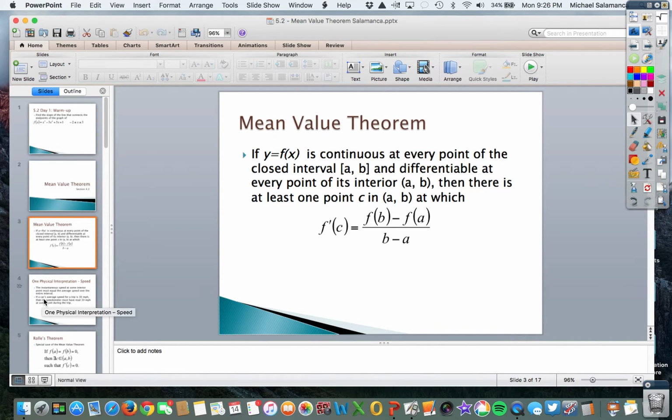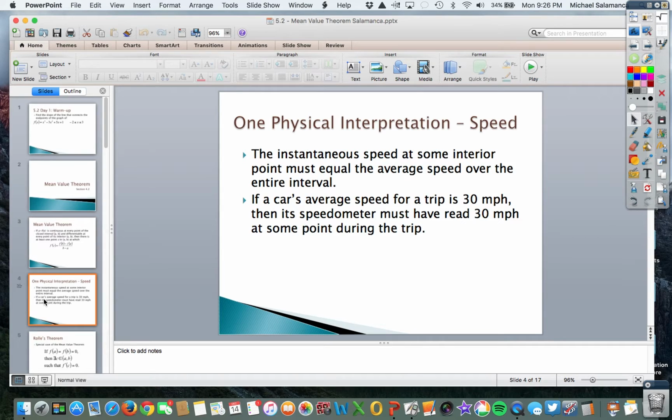So I know that might not make any sense still, but let's look at a physical interpretation. What we're saying is that the instantaneous speed, and remember instantaneous speed is the derivative. If we take the derivative of any function and substitute that value in, that gives us the instantaneous speed.